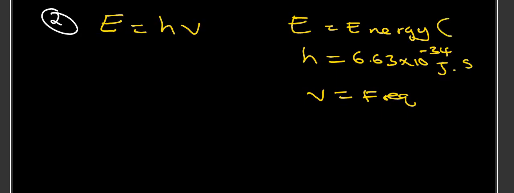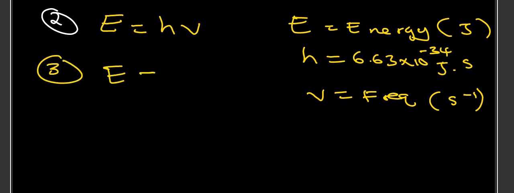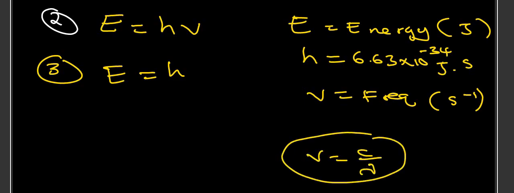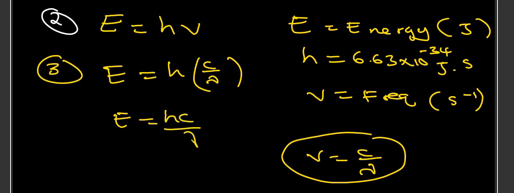Your energy is in joules, and frequency is in per second. Now you already know that V is the same as C over lambda, so where there is V, we can put C over lambda. This simply gives E is equal to HC over lambda.